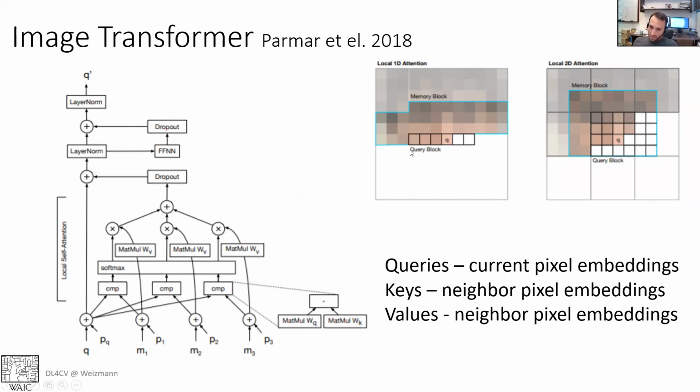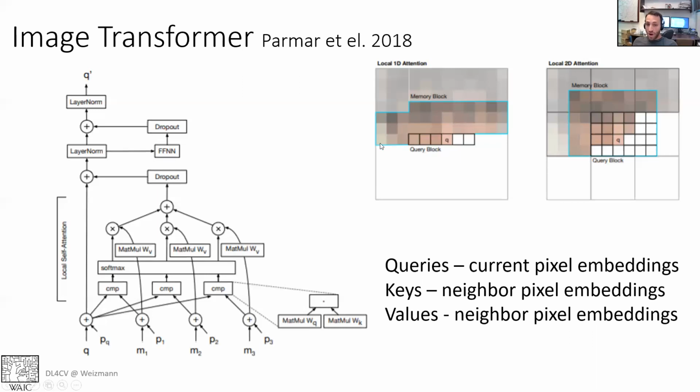And just to look at how this is actually implemented, we don't use it throughout the whole image because this will be too costly. What the authors do is generate some memory block, either sequentially or by the 2D position. And this memory block will decide which pixels go into the keys, the neighboring pixels. Okay, that's the blue outline.